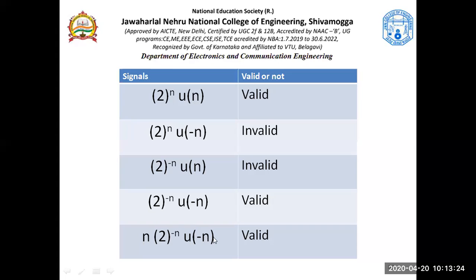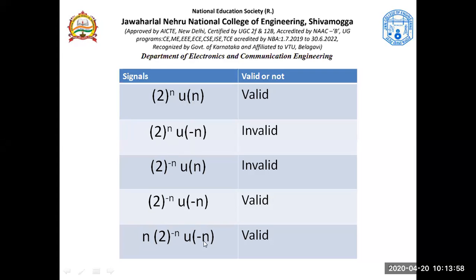If it is n u[n], both the n's have to be positive, or -n u[-n] is fine. But this n is entirely a different signal, and this is entirely a different signal. So if there are two different signals, let's not bother about the sign of n. But if it is the same signal, then the n should have the same sign, as in these cases.